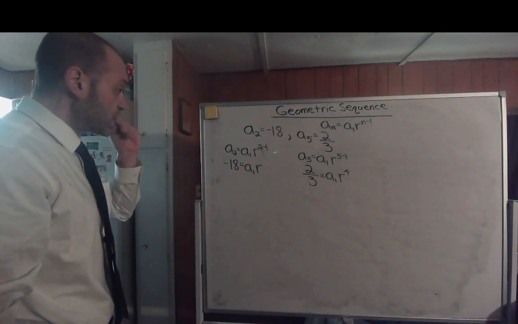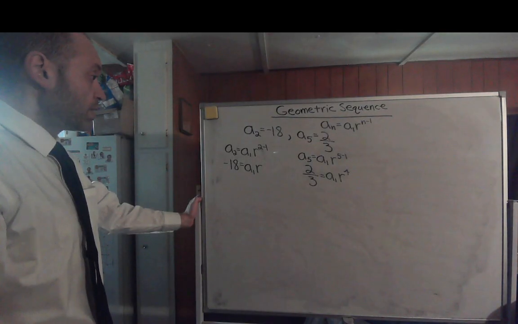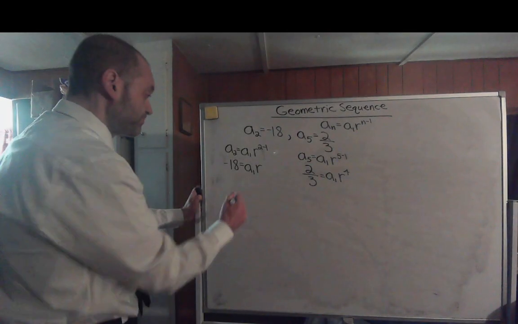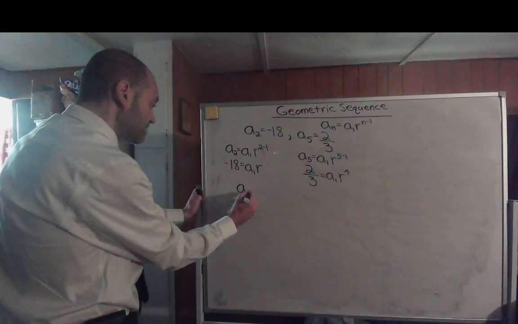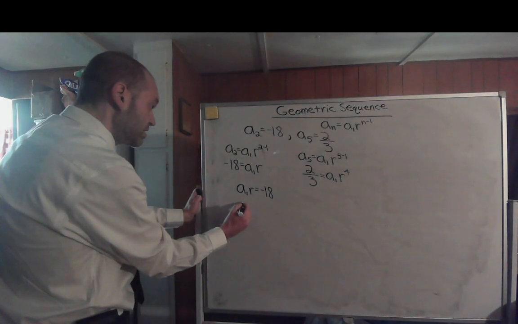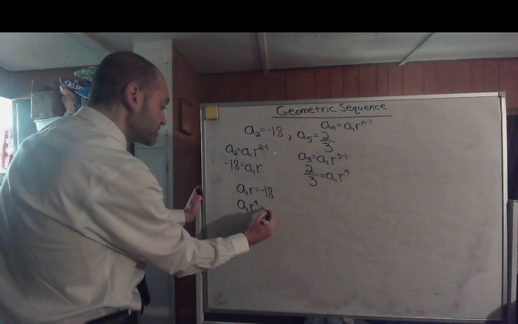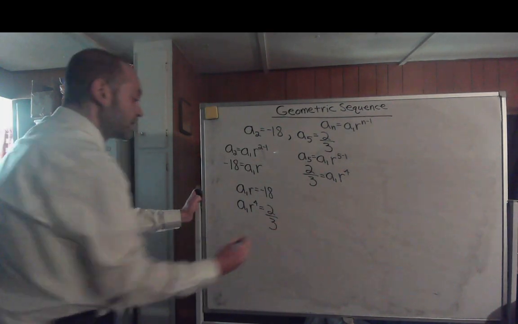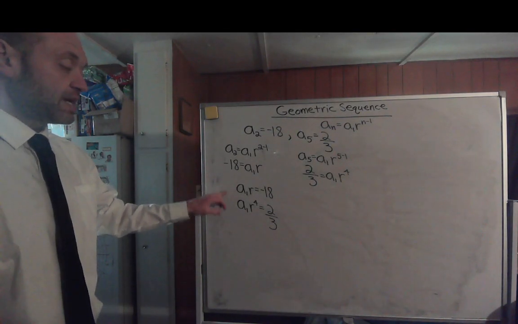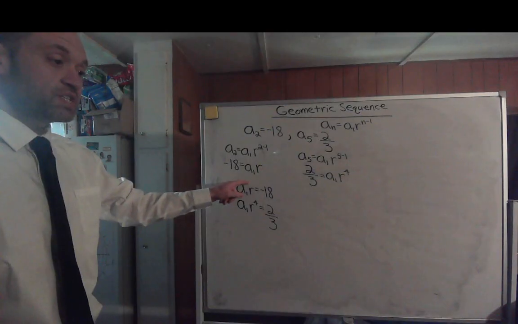Alright, well, what I am going to suggest here, so let's set up this system. You have a sub 1 times r equals negative 18. You have a sub 1 times r to the 4th equals 2/3. What I'm going to suggest is you do a substitution by solving for a sub 1 in the first equation.